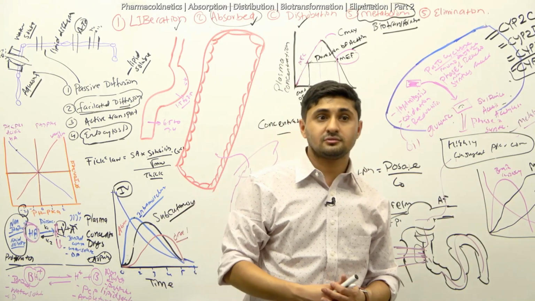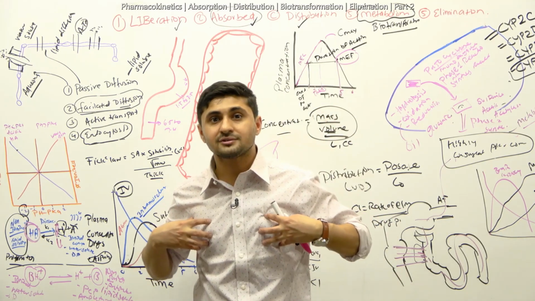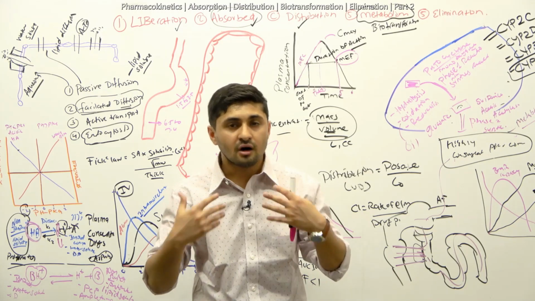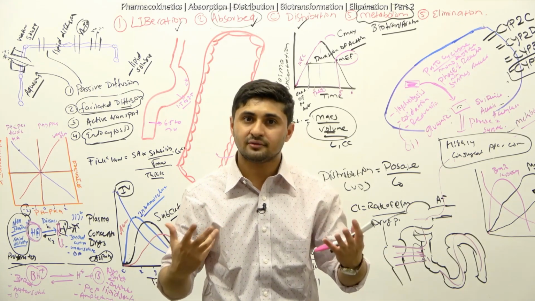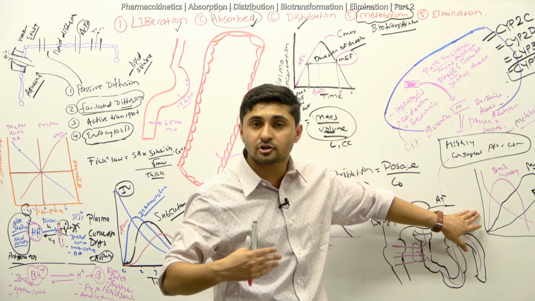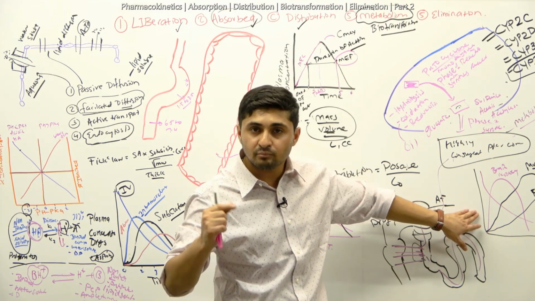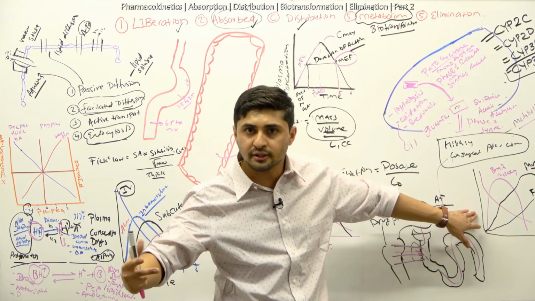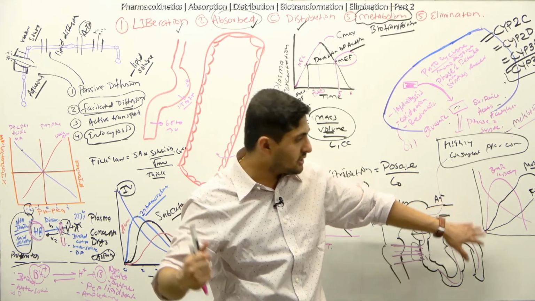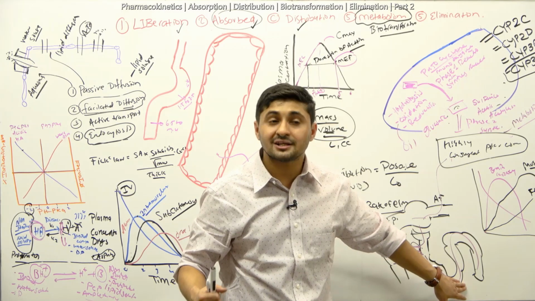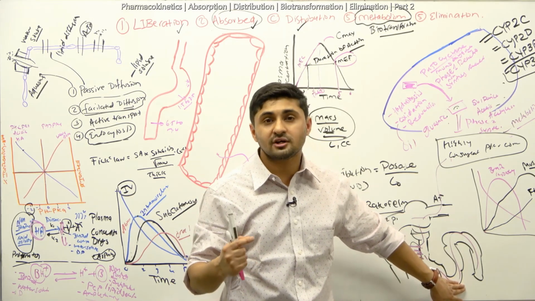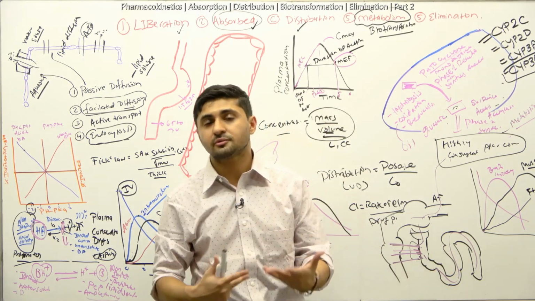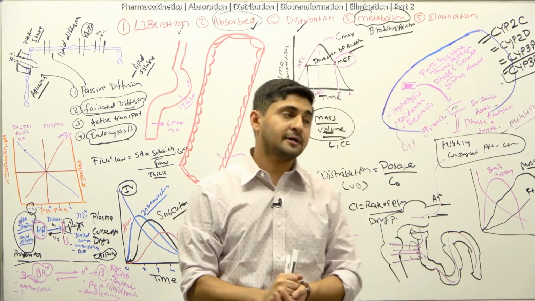Not only that, drugs can also go out of your system through, for example, sweating, and from your lungs when you're breathing. The drugs can be excreted from there too. But the main ones are obviously through bile and the fecal route, and the other one is obviously your urine. All right. That's the reason why a lot of times we check the urine level for the drugs, because it goes through the process of biotransformation.